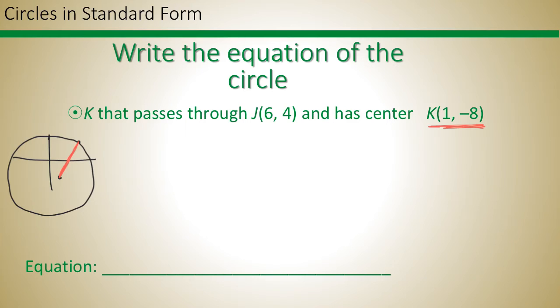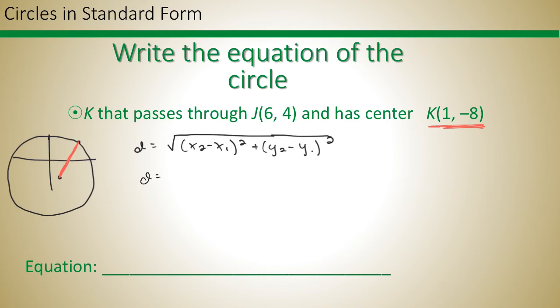Using the distance formula, d is equal to the square root of (x2 - x1) squared plus (y2 - y1) squared. This first part of the formula is asking what's the difference between my x values. So 6 and 1, how far are those two numbers apart? They are 5 apart.